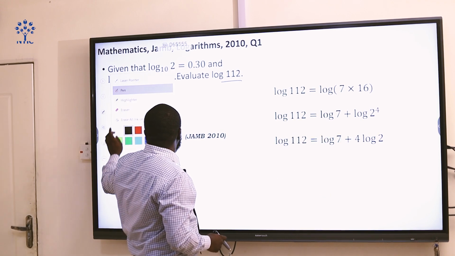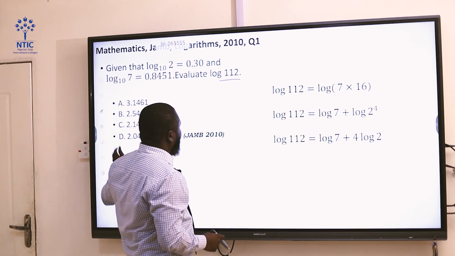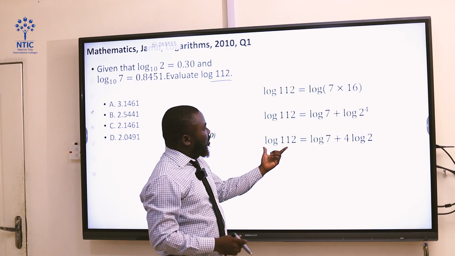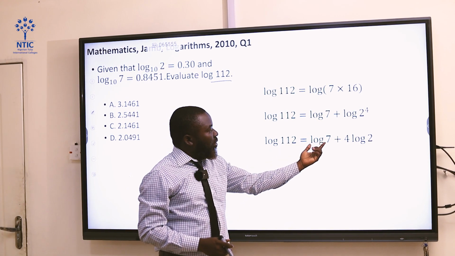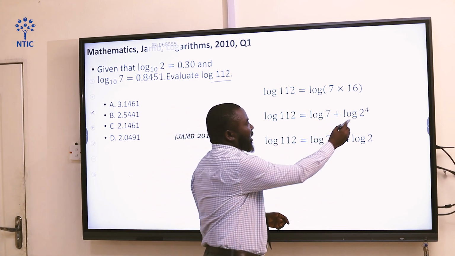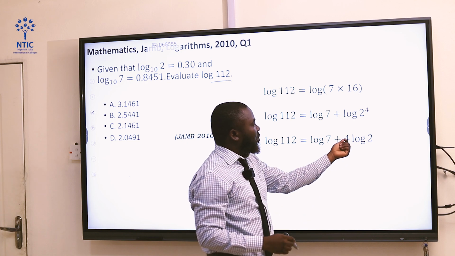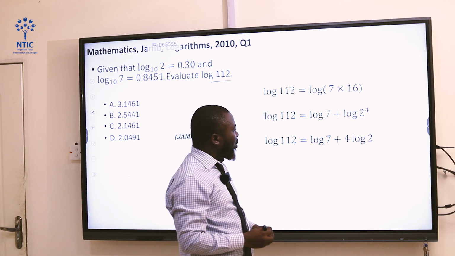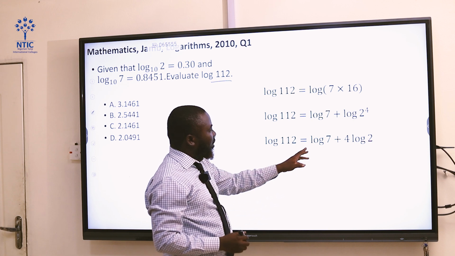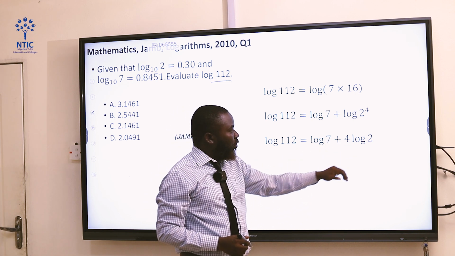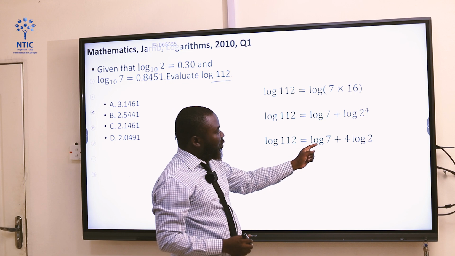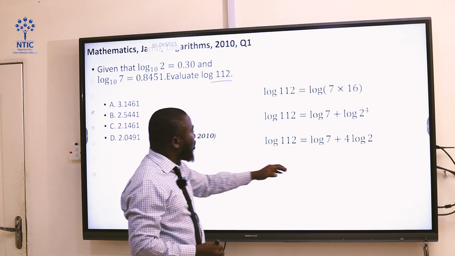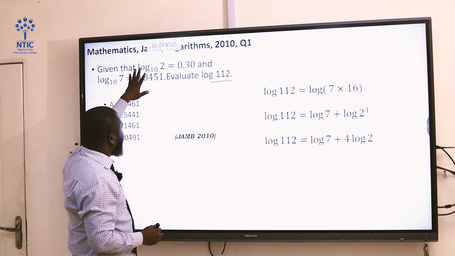Then log 112 equals log 7 plus, now let's take the 4 down to multiply log 2 using the power law. So this will give us log 7 plus 4 log 2. Now you can see we have log 7 and log 2, which are the parameters given to us.